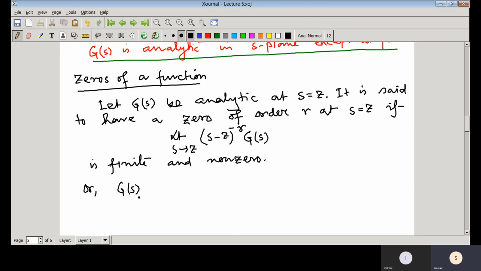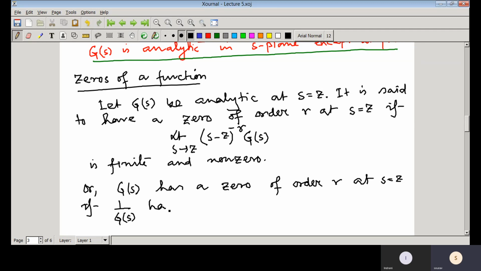So G(s) has a zero of order r at s equal to z if 1 by G(s) has an rth order pole at s equal to z.